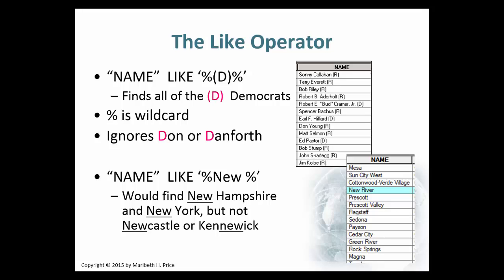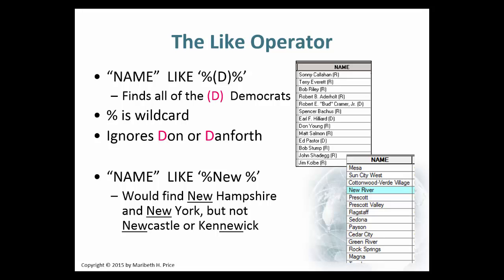In this case, the computer reviews all the records and selects those whose name field includes a capital D. Notice the % wildcard placeholder before and after the capital D.